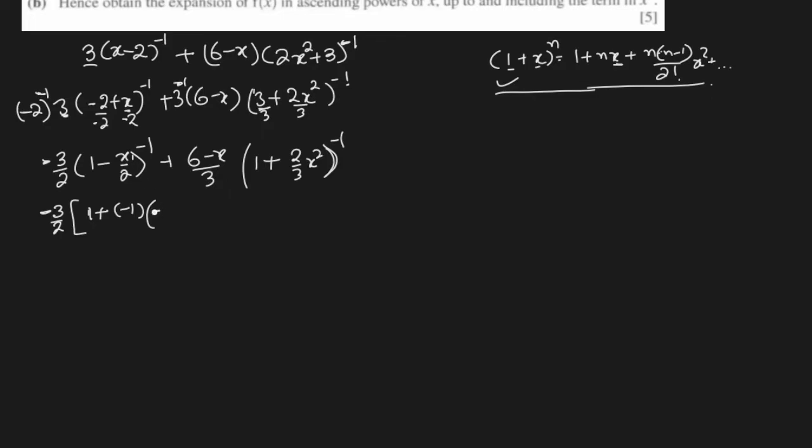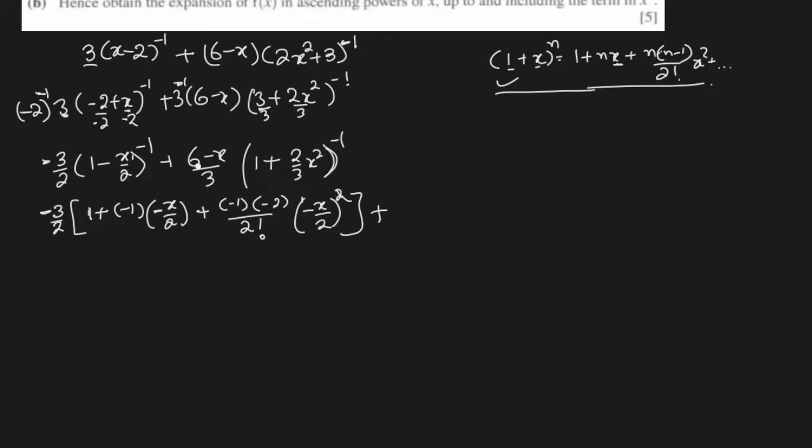So negative x over 2, plus n is minus 1. Minus 1 minus 1 will be n minus 1, so minus 1 will be minus 2, divided by 2 factorial. Okay, then x square. Again, x is not x, it is negative x over 2. We'll have to square it.